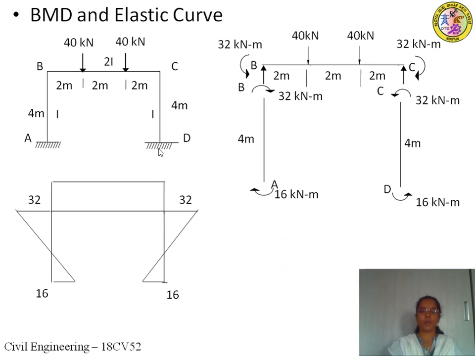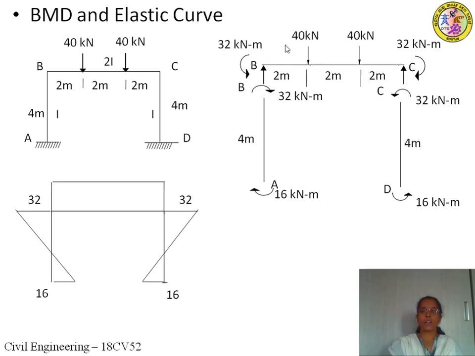Now we will superimpose it with the free bending moment diagram. The free bending moment diagram is to be drawn for the given loading, treating it as a simply supported beam. Since AB and CD are not subjected to any type of loading, these two members will not have any free bending moment diagram. Only the BC member will have one.